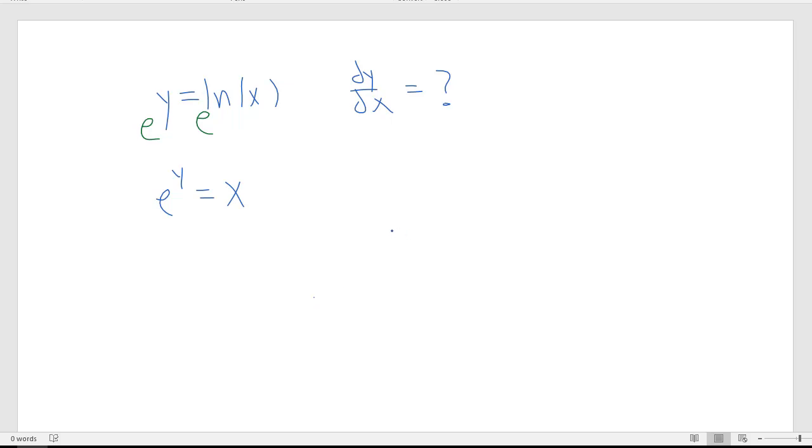Now, what we're going to end up doing here is using implicit differentiation. In our prior video, we looked at problems involving implicit differentiation. To find the derivative with respect to x, we differentiate with respect to x on both sides of the equation.